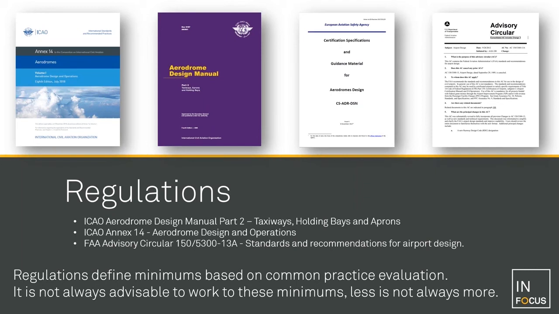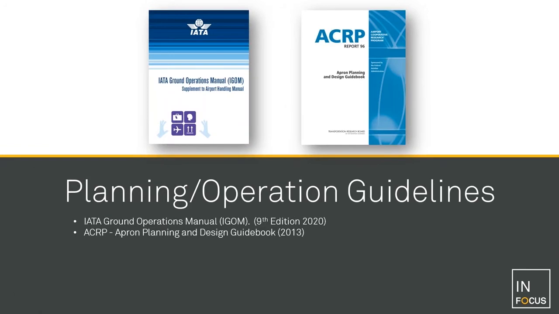But these things offer particular regulations concerning demarcation of areas and minimum separation distances and whatnot, but they don't go into any detail about how to deal with ground service equipment on location. Here you can get a better oversight of what's happening by checking the IATA Airport Handling Manual, and in particular the supplement for airport handling, where there is a section on aircraft handling, which will give you a lot of tips on where to get started and where to start asking questions regarding planning of ground service equipment or movement scenarios.